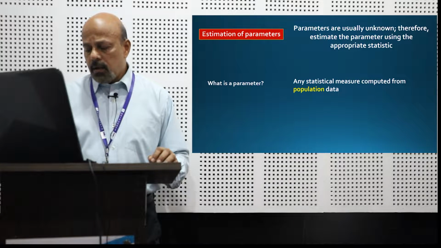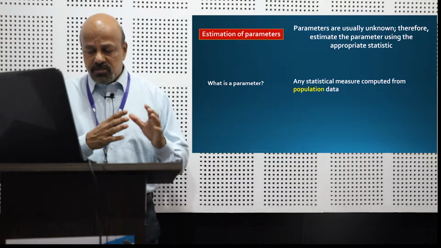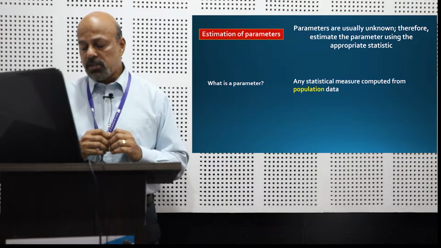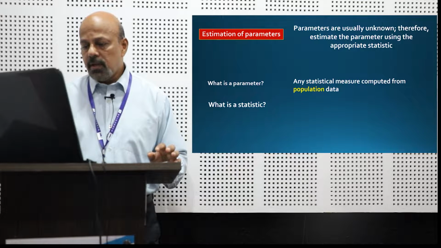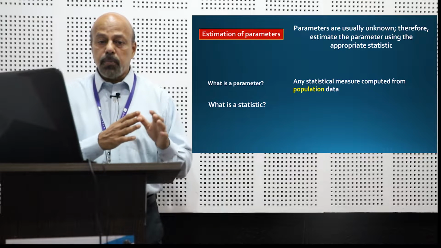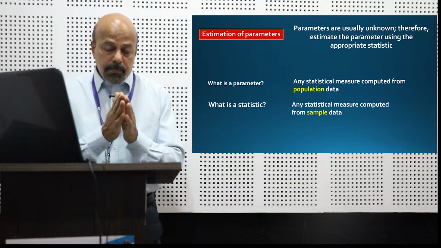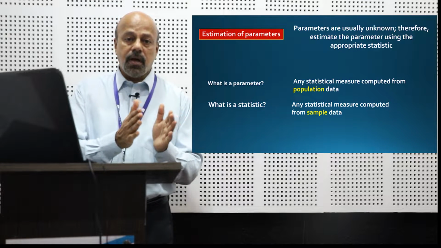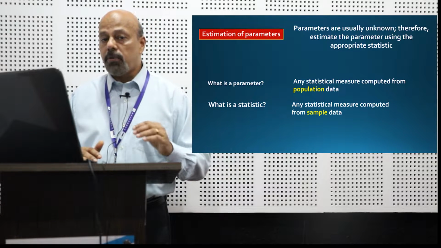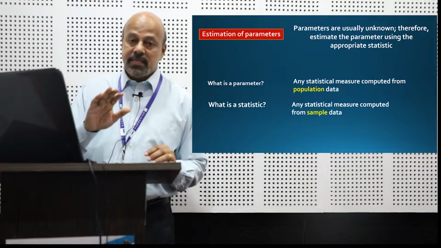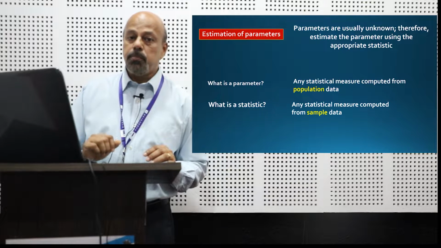A parameter, as I said, is a statistical measure computed from population data, and a statistic is a statistical measure computed from sample data. So the basic difference is that a parameter is associated with the population, while a statistic is associated with the sample.